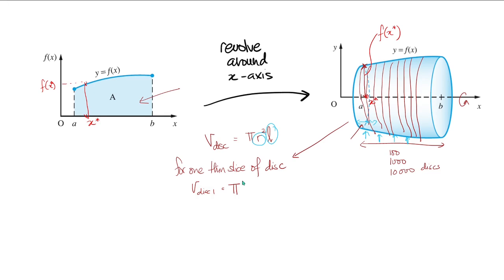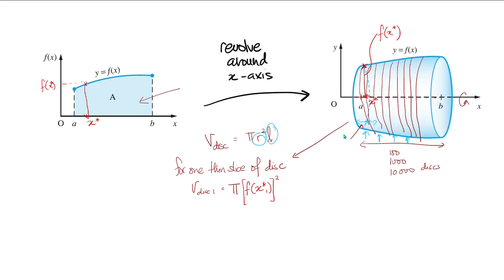Okay, so now for this slice, disk number 1, the whole thing will be squared. Now that took care of the radius of the disk. What about the length? The idea is we want to keep the length uniform.